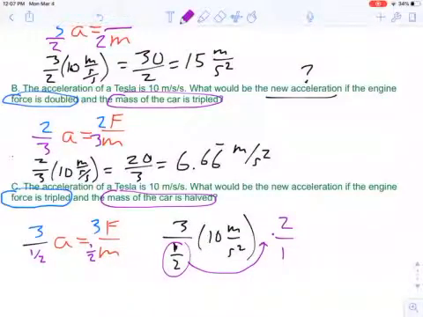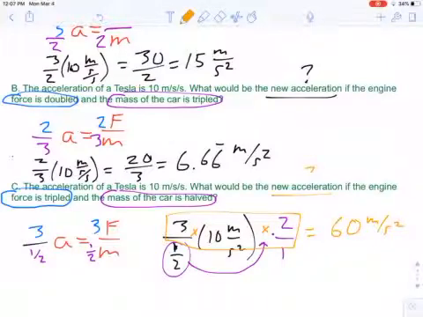So now this part here becomes 3 times 10 times 2, which is 3 times 10 is 30, times 2 is 60. So that would be 60 meters per second squared, which is the new acceleration. So just to be clear here, I'll underline the whole sentence.